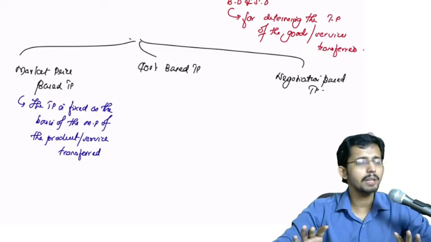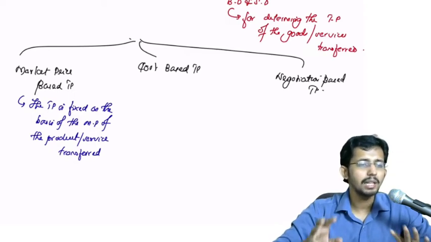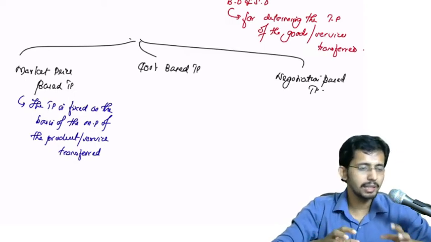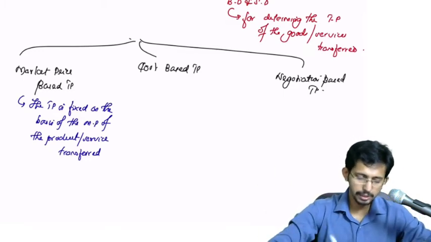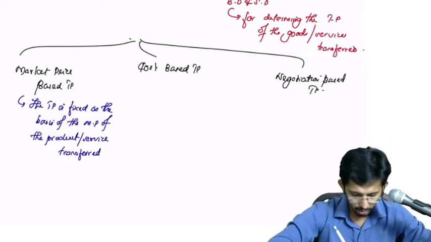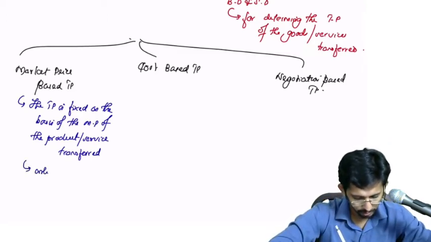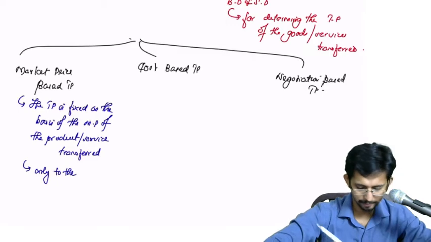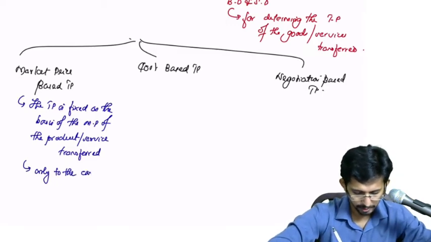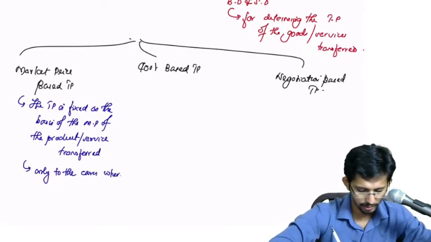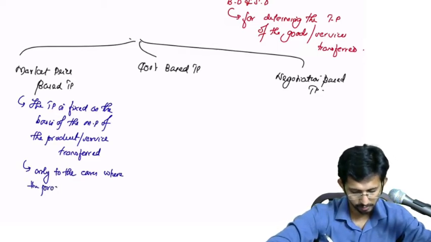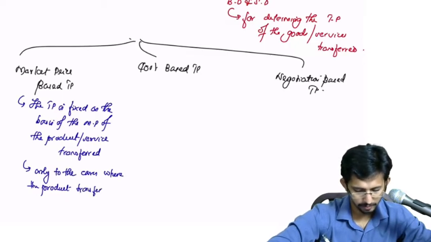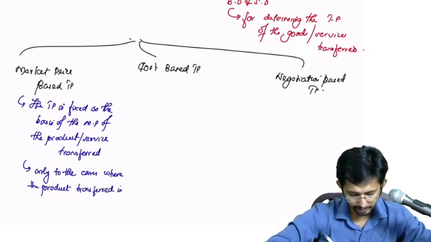Okay, what is that purchase price? Purchase price is nothing but the price at which this particular product that is internally transferred is available in the external market. Okay, so this method can be applied only to cases where the product transferred is available in the external market.